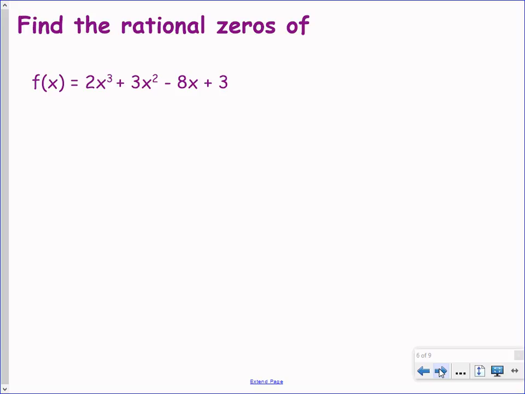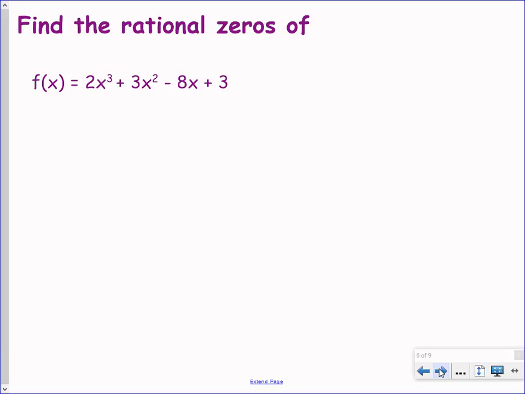So here I say, f of x is 2x cubed plus 3x squared minus 8x plus 3. In section 2.3, I would have followed up with something saying like, verify that x plus 2 is a factor. And then you would know where to start synthetic. But here I'm just saying, tell me what the zeros are, and that's all the information I'm going to give you.